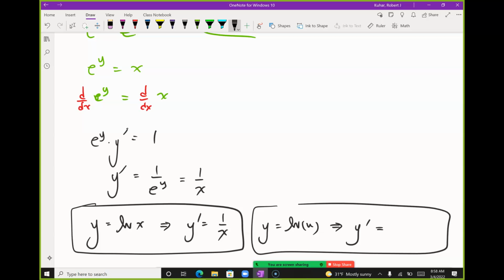From the ln I get 1 over u, and then I need to multiply by the derivative of the inside, u prime. So I get u prime over u.